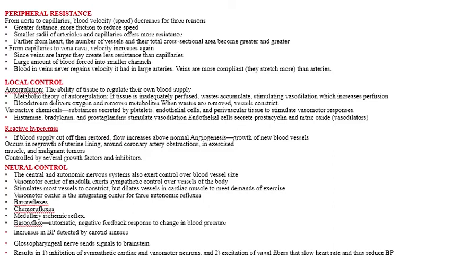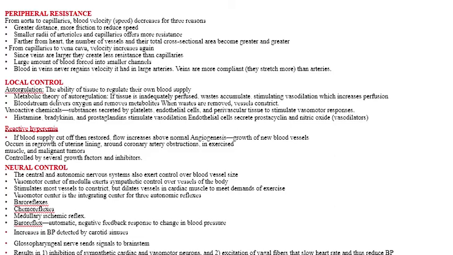We are talking about the control of blood resistance and blood pressure. How is it controlled? Either local, hormonal, or by reflex, which is usually neural control. For local control, there is a term called autoregulation, the ability of the tissue to regulate its own blood flow.